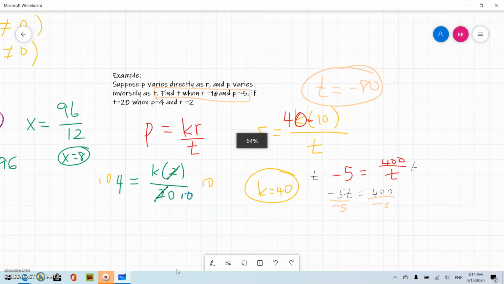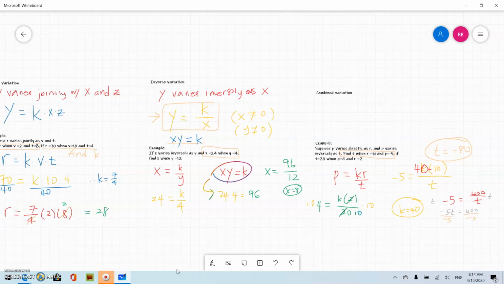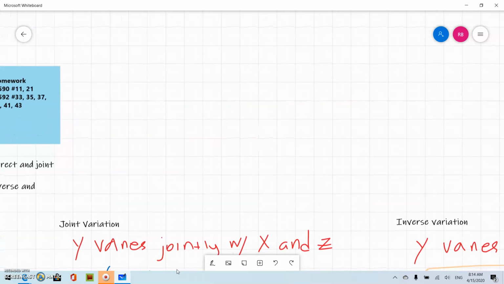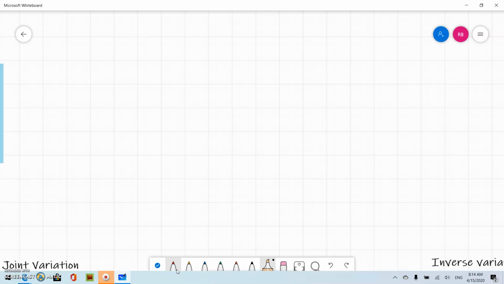And that's it. If you understood the first three variations well, then combined variation wouldn't be so hard. But I want to look at at least one word problem, and then I'm going to show you the homework problems that you have to do, from 33 to 41, the even problems, so that you have a little more idea.